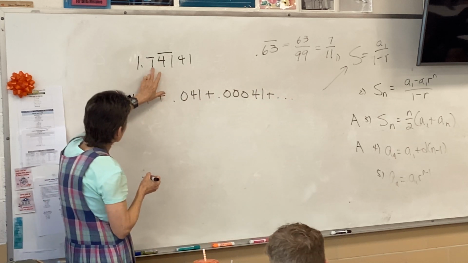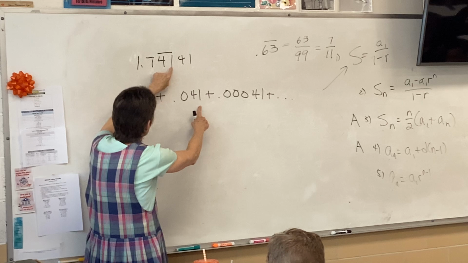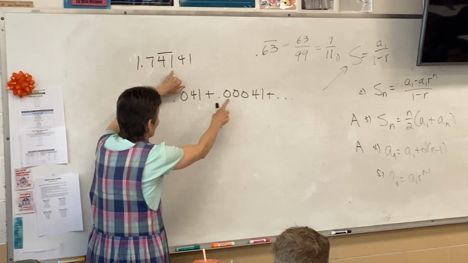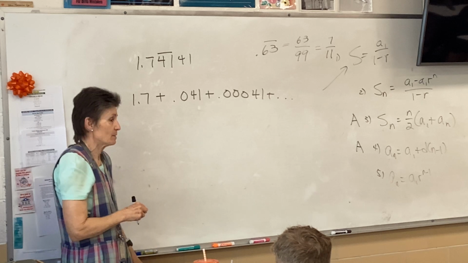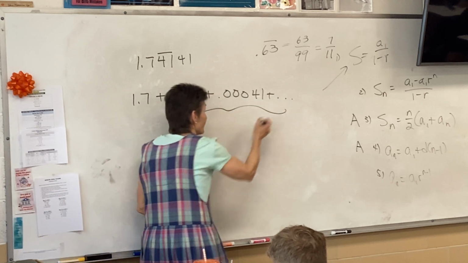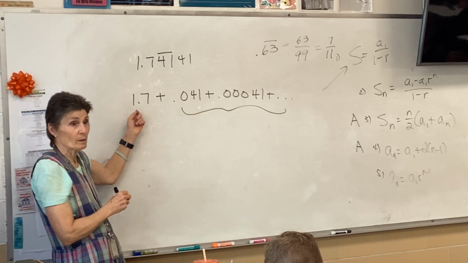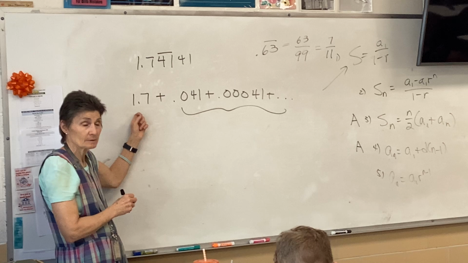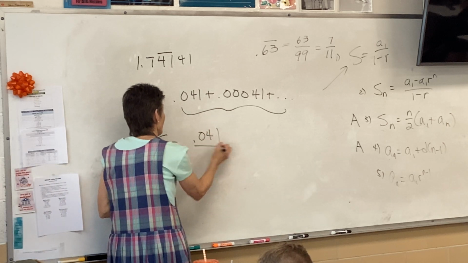So I'm taking this out, so it becomes a 0, so 041. Then I'm taking all of this out, so I have 00041, and I could keep going, but I don't need to. This is the part you're going to add up. Then you will put the 1.7 back in. So here we go. First term is 0.041.